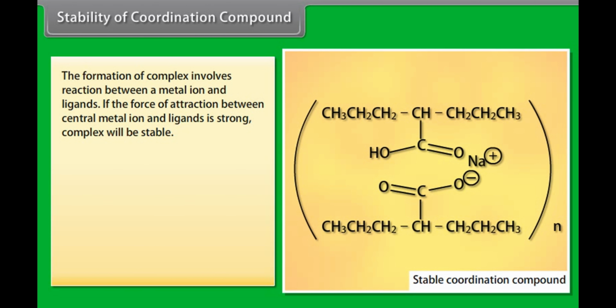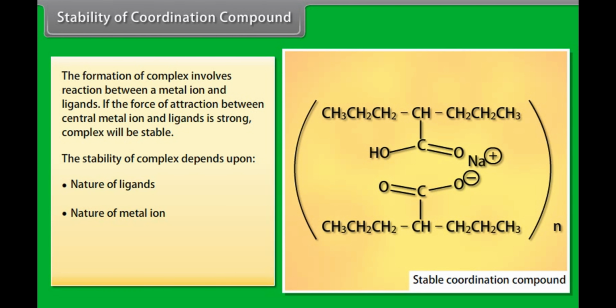Stability of coordination compound. The formation of complex involves reaction between a metal ion and ligands. If the force of attraction between central metal ion and ligands is strong, the complex will be stable. The stability of complex depends upon nature of ligands, nature of metal ion, pH of solution, and temperature.